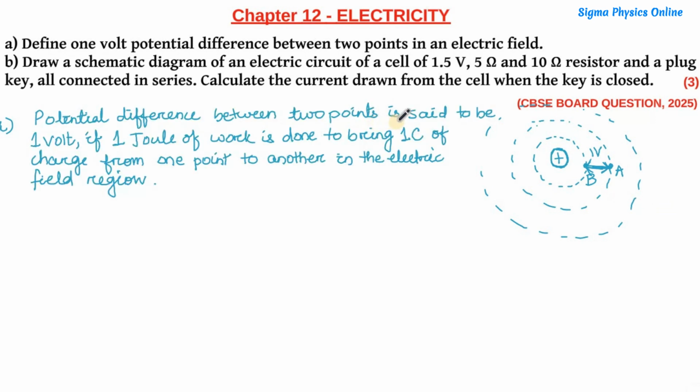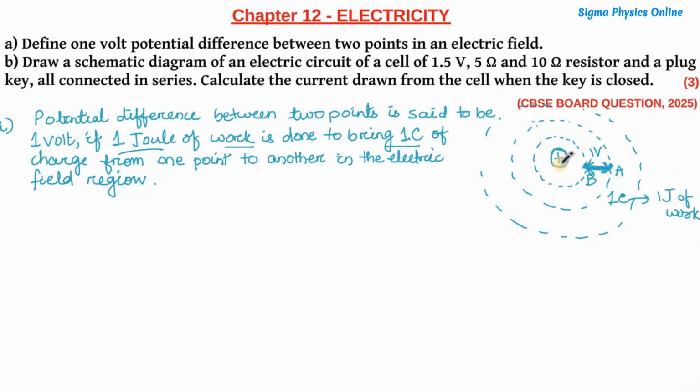So potential difference between 2 points is said to be 1 volt if 1 joule of work is done to bring 1 coulomb of charge from one point to another in the electric field region. That is, if in taking 1 coulomb of charge from point A to point B, we have to do 1 joule of work, then the potential difference between these 2 points would be said to be 1 volt.